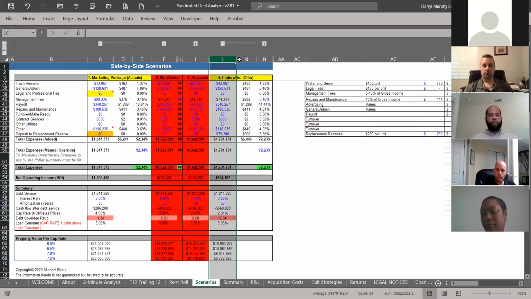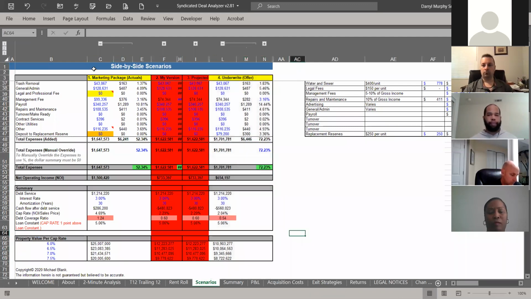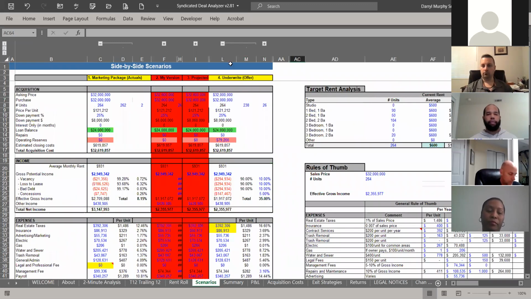If your underwrite is not in line with them, then you will make that decision if you want to move forward or not with this particular deal. So I had already put in all of the actual numbers, and now we're just doing the underwrite, which is over here in column 4.